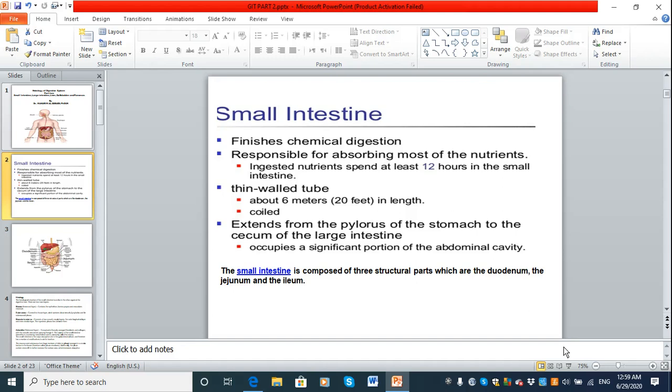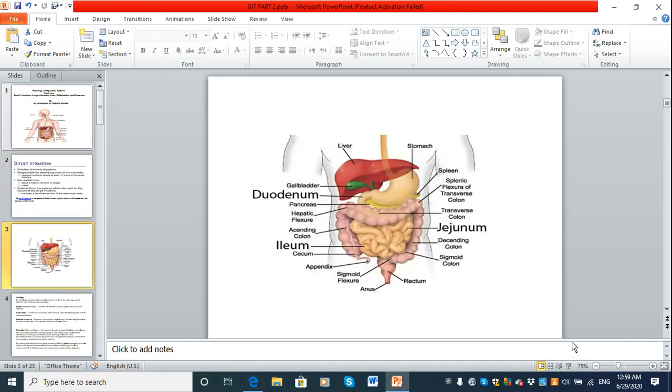In general, the small intestine is classified into three segments: duodenum, jejunum, and ileum. Here I have a cartoon diagram just to show where the cecum is.